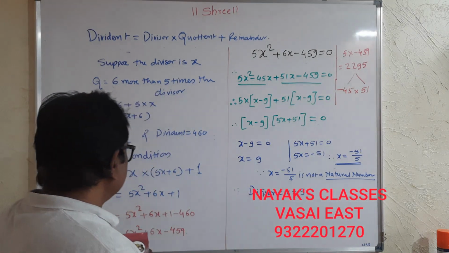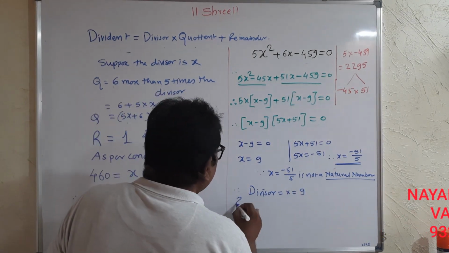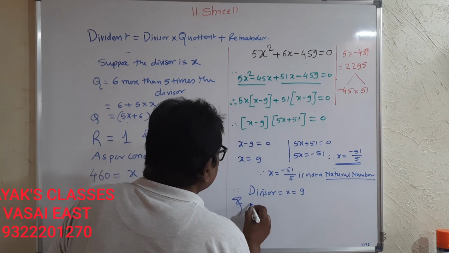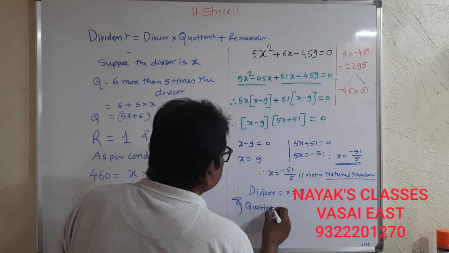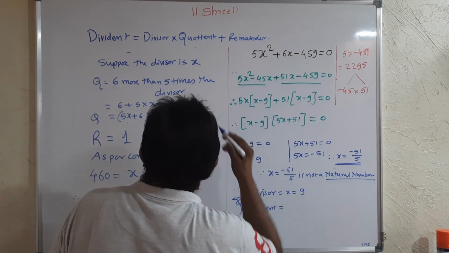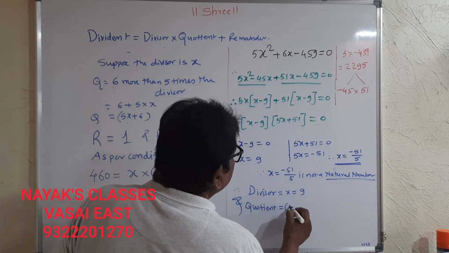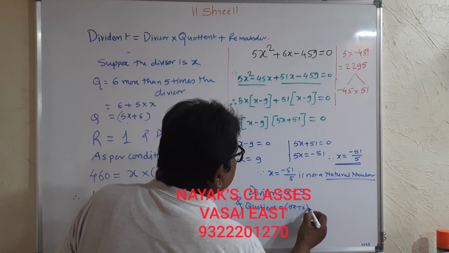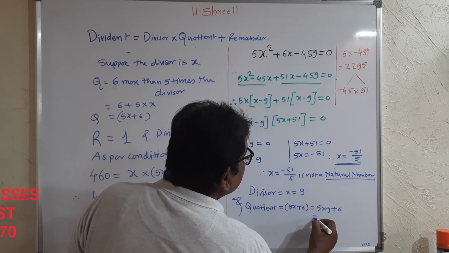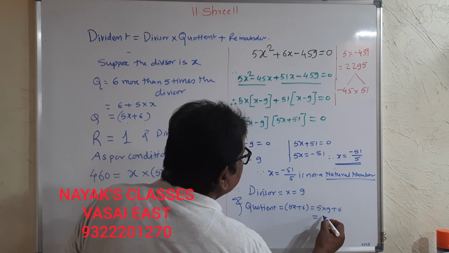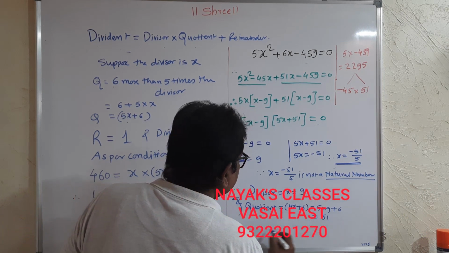And quotient is equal to 5x plus 6, which is equal to 5 into 9 plus 6, which is equal to 45 plus 6, that is 51.